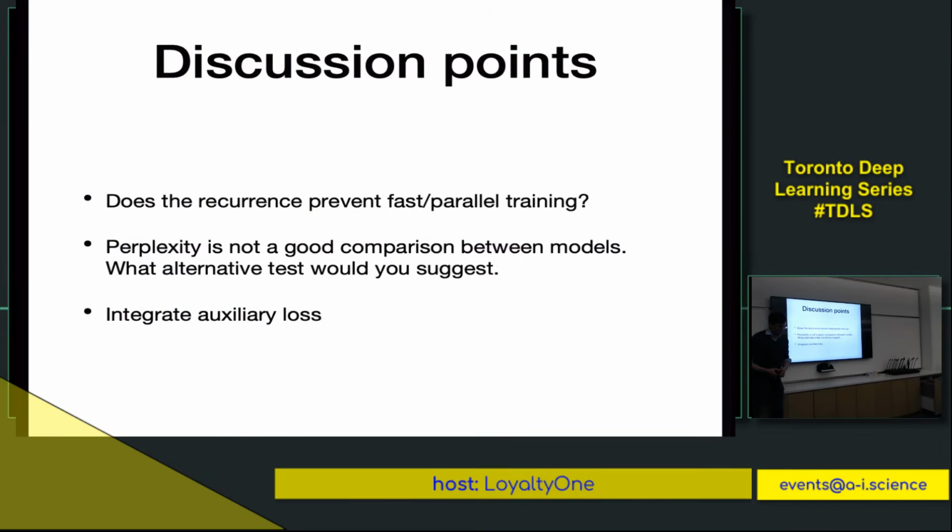So at the very beginning, I showed you the slide for the vanilla transformer. In the vanilla version, they used a kind of additional loss between the layers. And the question came up, why not use it here? I think it's a good question, and I also don't see any reason why not to use it.